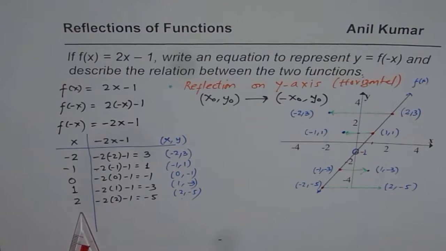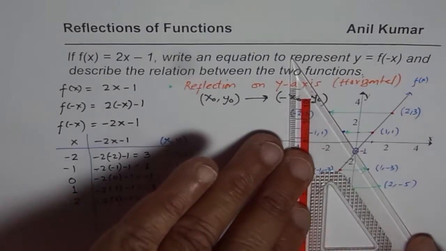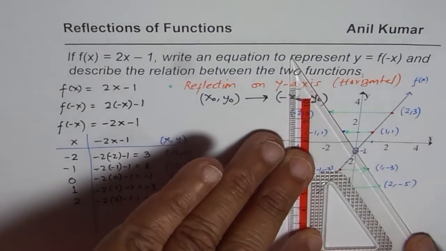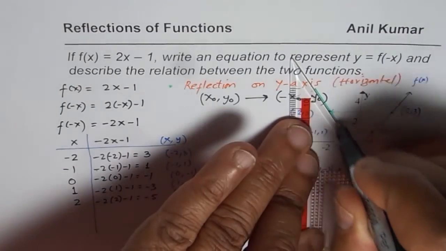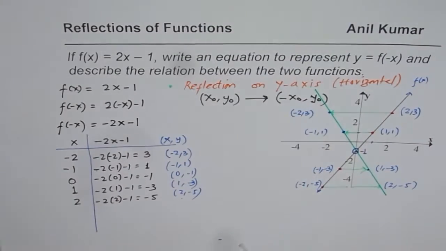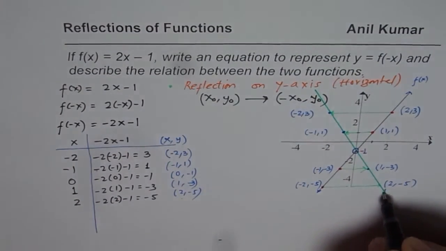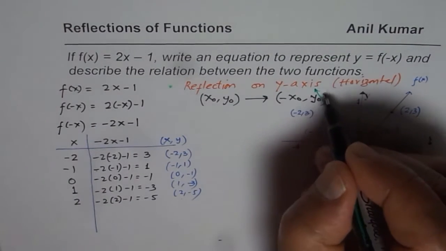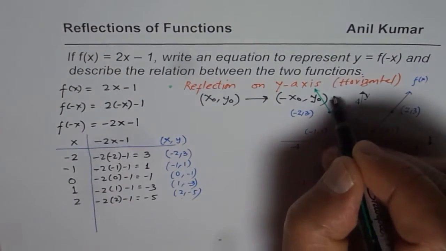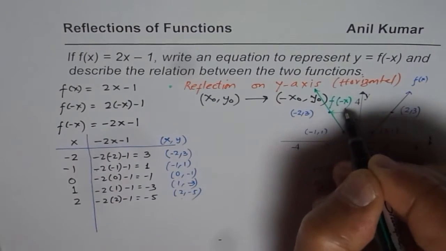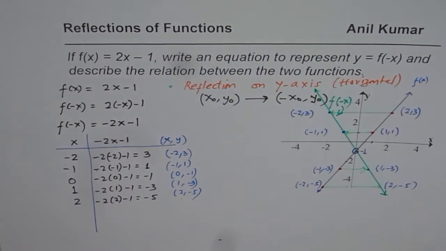Now let me join these points and sketch the line. We do have one invariant point, and that point is indeed, as expected, the y-intercept, correct? So that's the line for us, f of minus x.